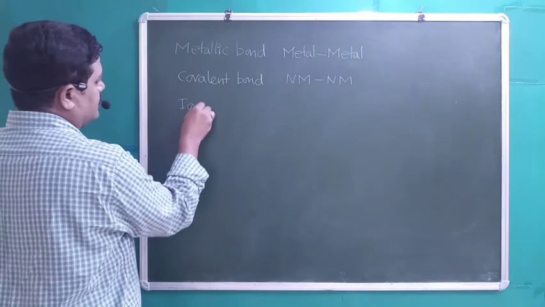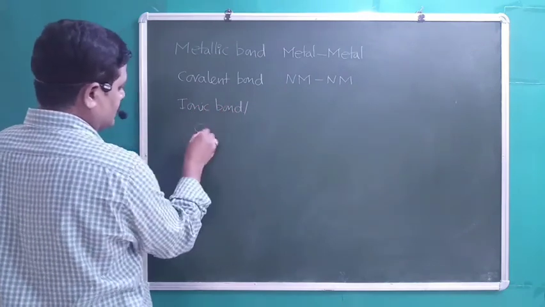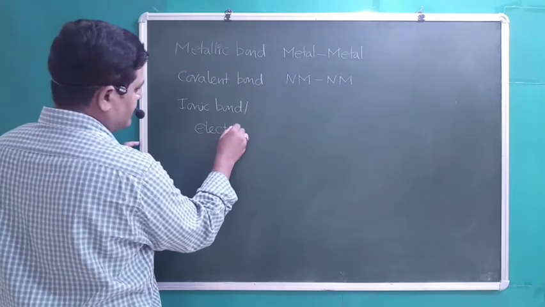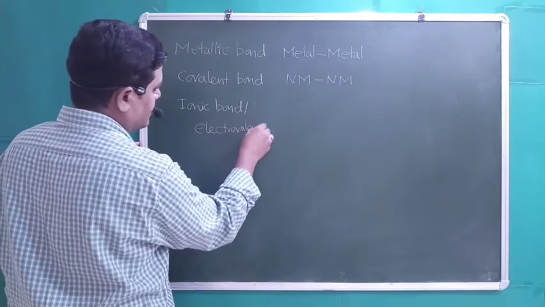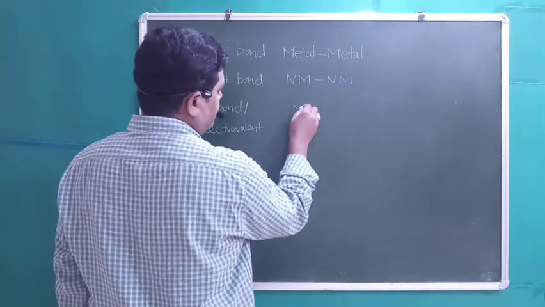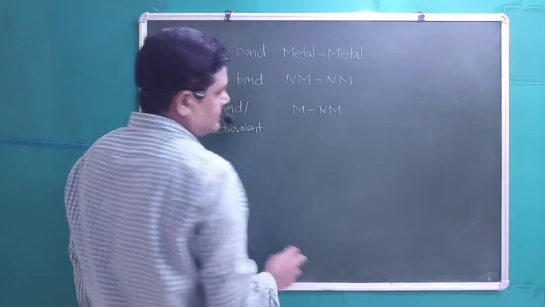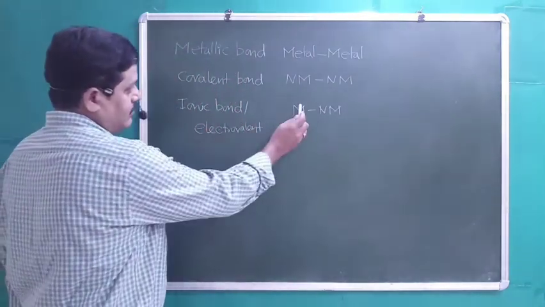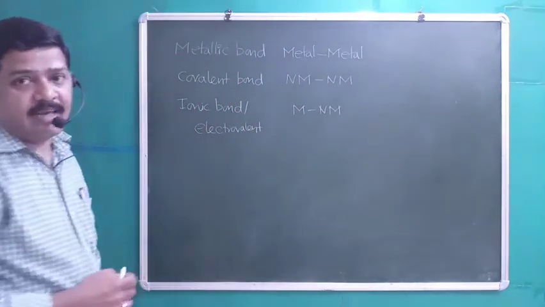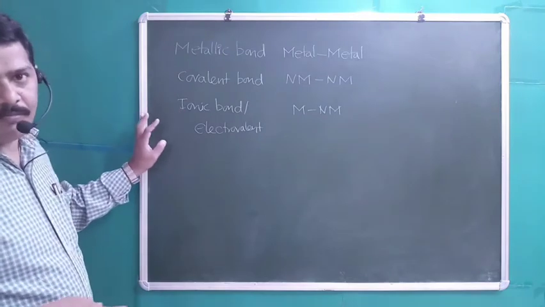Ionic bond is also known as electrovalent bond. This is a bond between metal and non-metal, that is called an ionic bond or electrovalent bond.